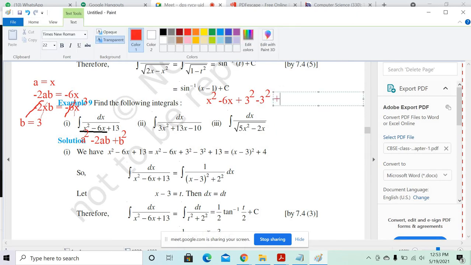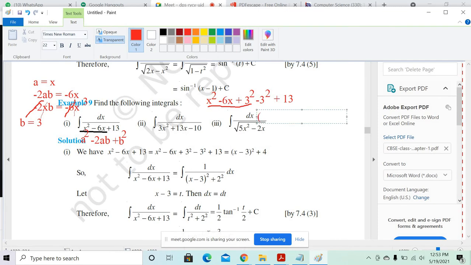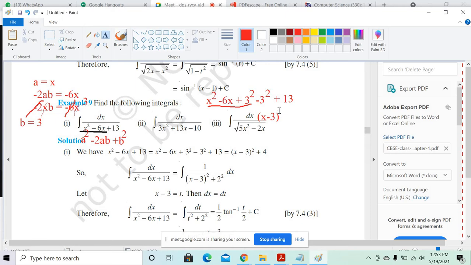Then what is remaining? Plus 13. Isn't it? Now can you group this part? x square minus 6x plus 3 square. This comes in the form of x minus 3 whole square. Now what is remaining?